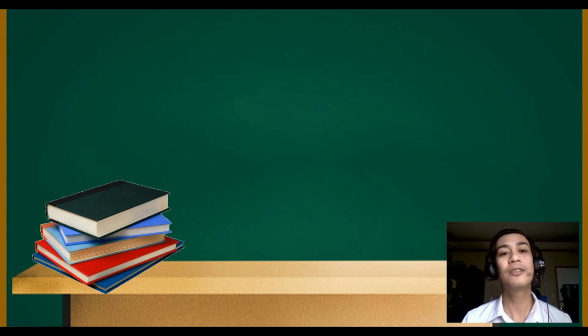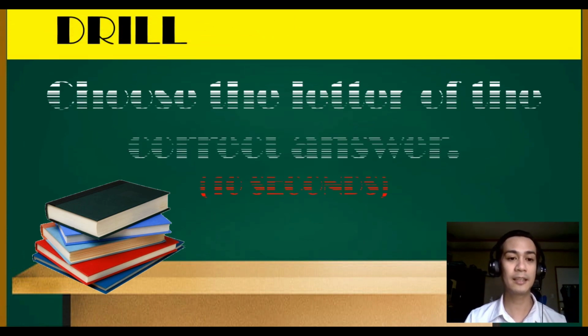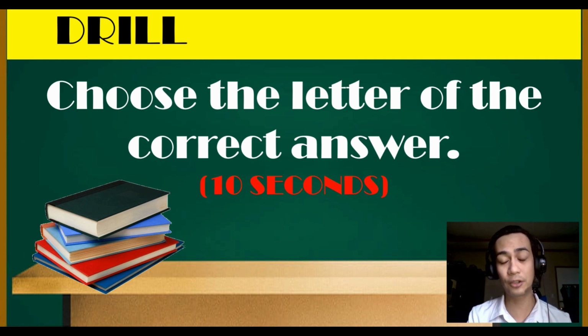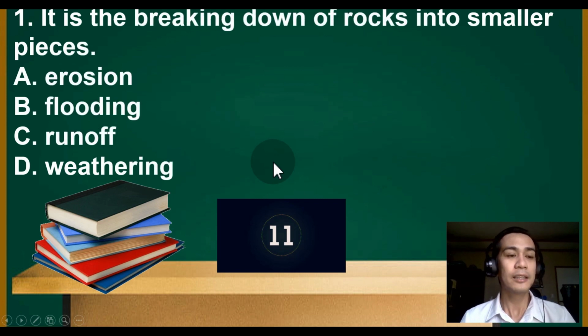To start with, let's have a quick drill first, and you just have to choose the letter of the correct answer. I'll be giving you at least 10 seconds for every item. All right? So let's start. Number one, it is the breaking down of rocks into smaller pieces.